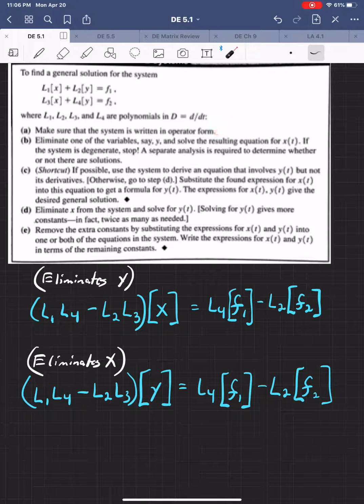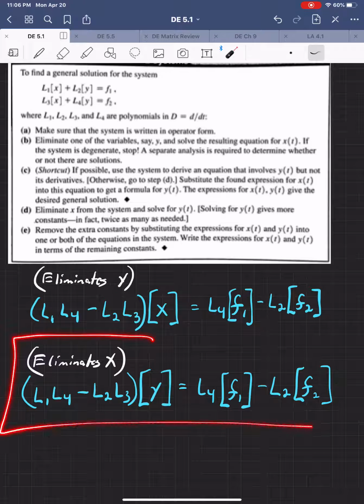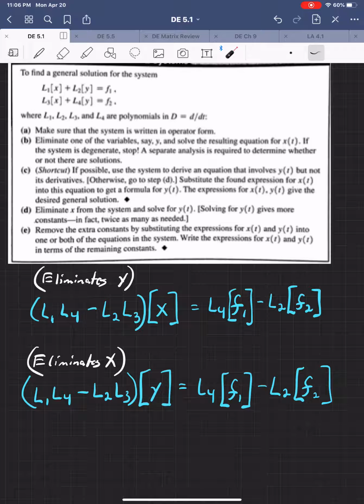Then for part B, which is all we'll get through for this particular video, here is a quick way to eliminate either y or x. Notice that we have two little equations that are set up perfectly using that operator notation that can automatically eliminate y or x for us.